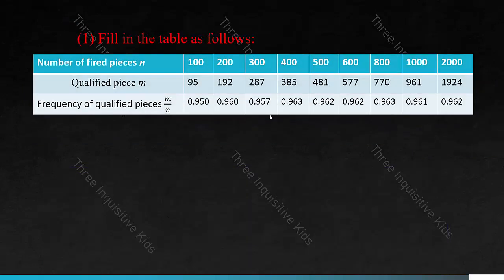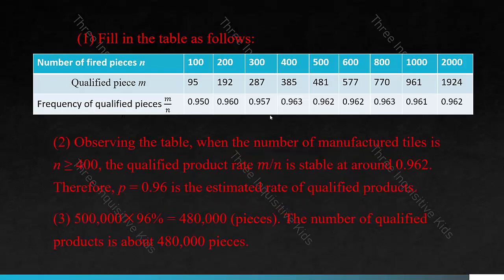First, we can fill in this table as follows. All we have to do is do m over n. So for 95 over 100, it's 0.95. 192 over 200, it's 0.96, and so on. After you observe the table, when the number of manufactured tiles is greater or equal to 400, the qualified product rate, m over n, is stable at around 0.962.